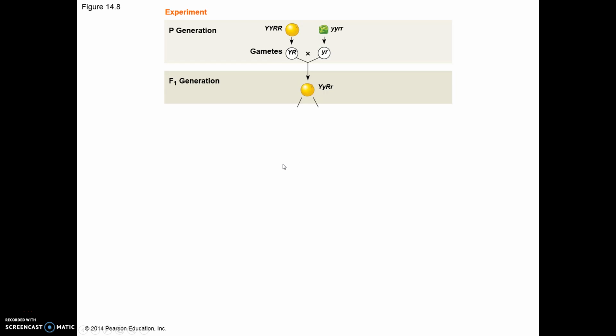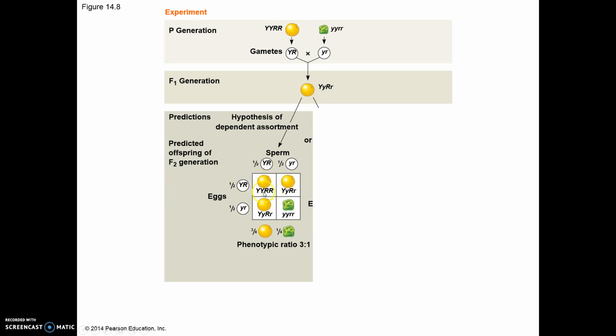So if these genes somehow travel together, you would end up with this scenario. You take the F2 generation, and when you give a big Y, you would always give a big R. When you gave a little y, you would always give a little r. So this is the idea of dependent assortment.